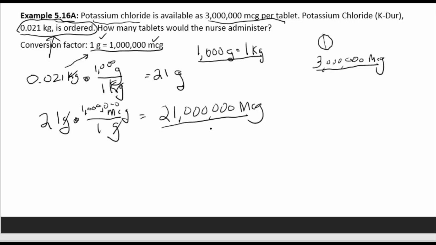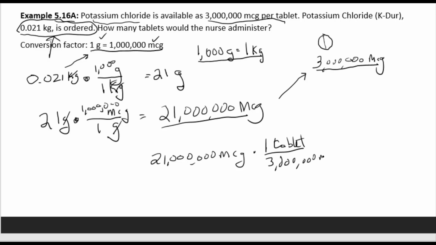That's the dose. Now each tablet contains 3 million micrograms. So hopefully you can see that you're going to divide. And I can actually do this with units too. I can say 21 million micrograms times 1 tablet per 3 million micrograms.